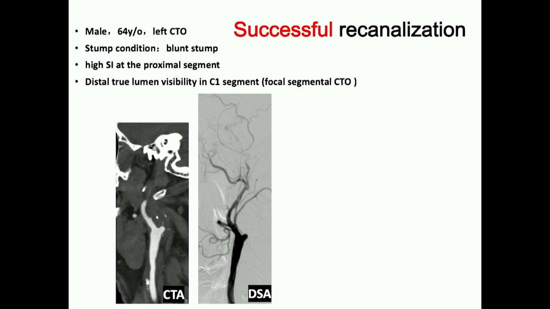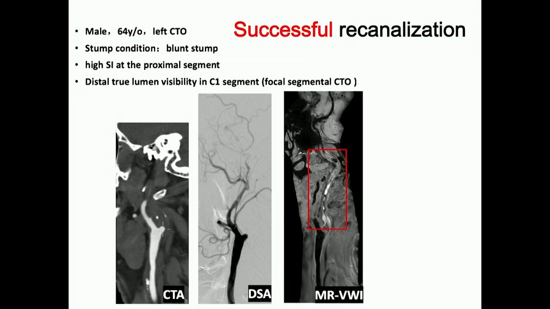This is another case, 64 years old. It was diagnosed as left internal carotid occlusion by CTA. There's a blunt stump here, but we can't tell what's going on in the occluded segment. So we did MR-VWI. We can see there's some true lumen here, black area here and here, and some scattered high signal intensity lesions on or in the vessel wall, and in the vessel lumen.